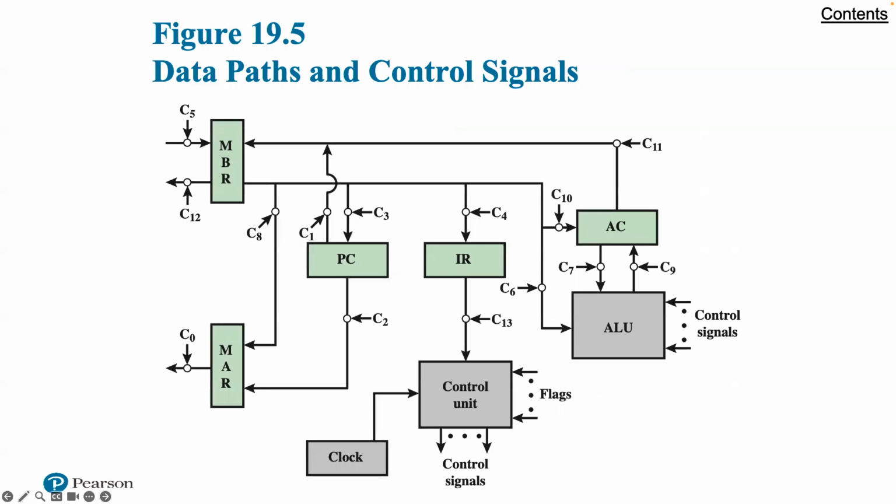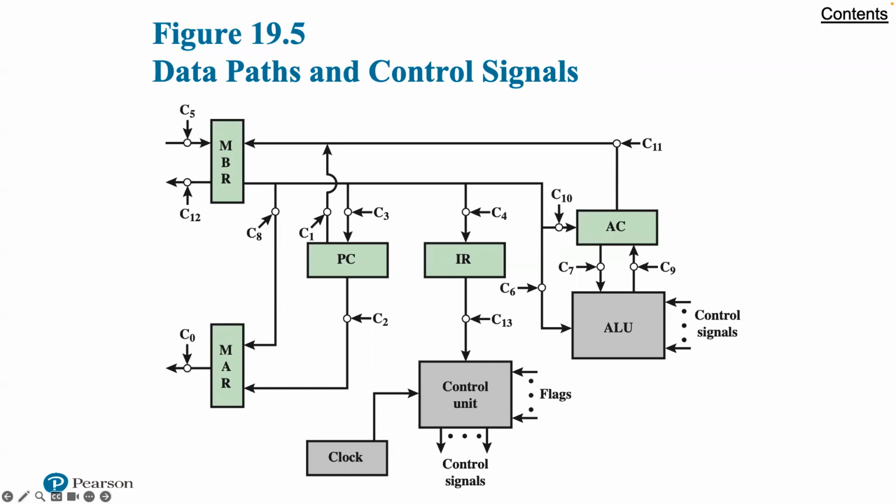So to illustrate the functioning of the control unit, we can examine a simple example. Figure 19.5 illustrates the example. This is a simple processor with a single accumulator. The data paths between elements are indicated.